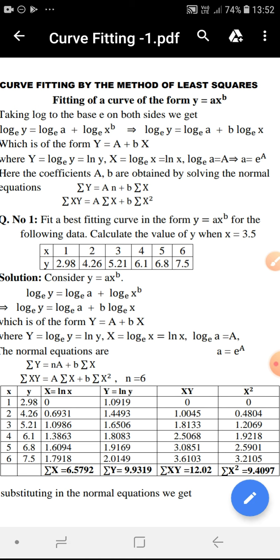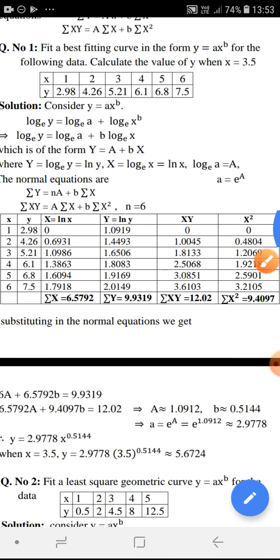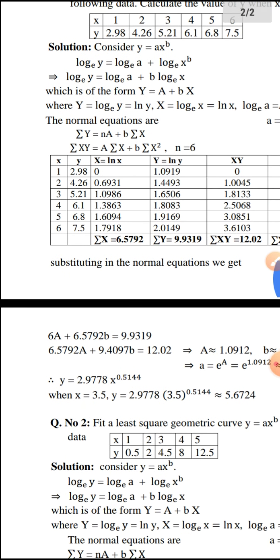At the bottom of the third, fourth, fifth and sixth columns, you can find the necessary sums: summation X, summation Y, summation XY, summation X square. Once you get all these sums, you can put them in the normal equation.